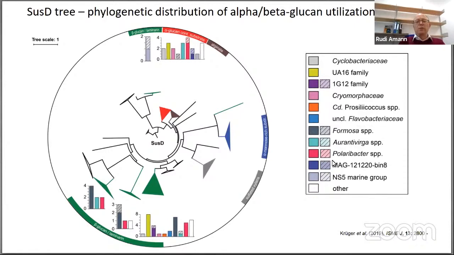If we look into the more simple substrates, you see that all of the abundant groups can use the simple abundant substrates like the beta-glucan laminarin or the alpha-glucans. So most of the cells go for the abundant substrates.